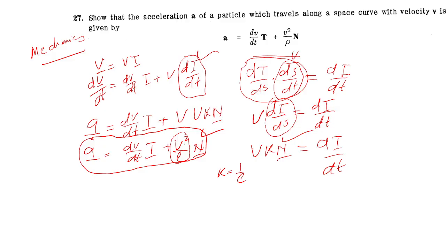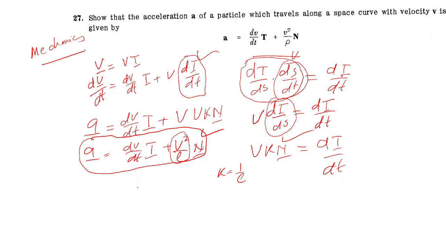When a body moves in a curve, it has two components of acceleration, one along the tangent and the other along the normal.